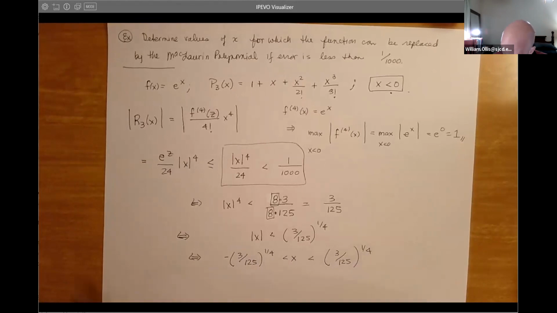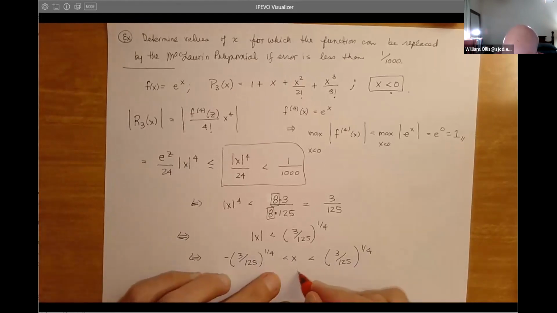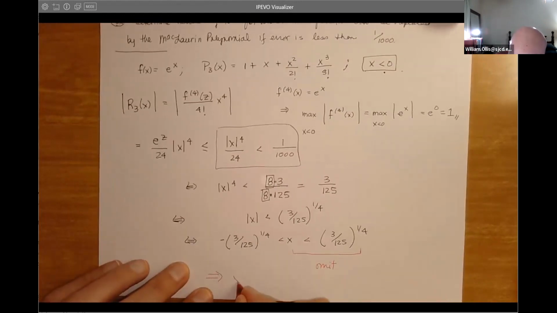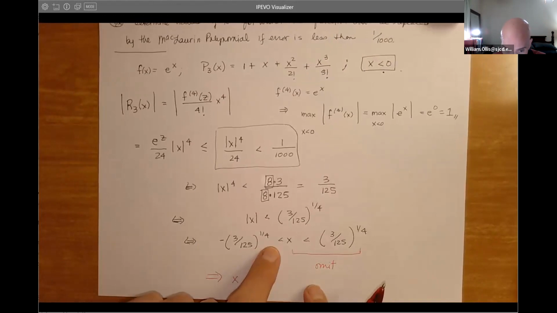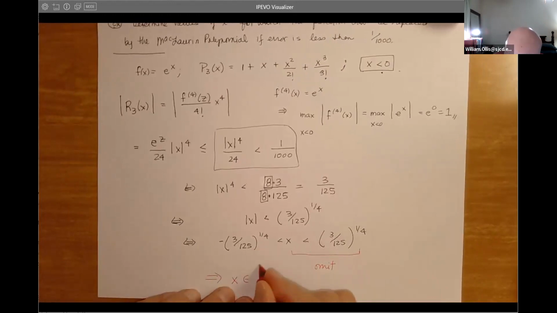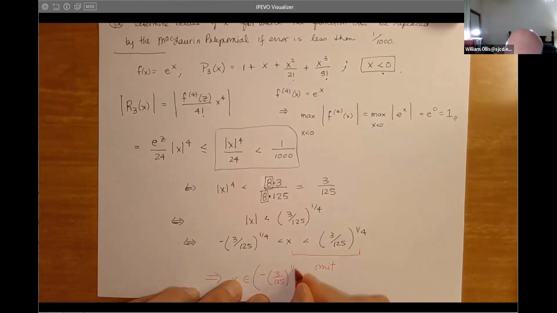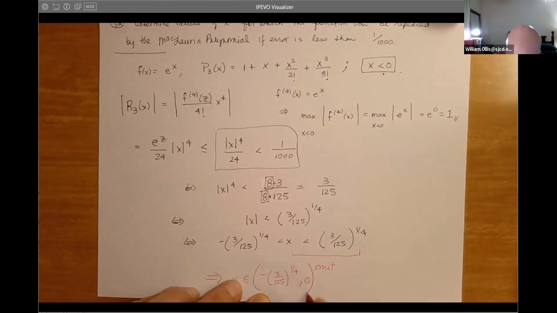But now this part we omit because x is less than 0, so we omit this. And so this implies that x will just be in this interval right here between the negative 3/125 to the 1/4 power, and 0.